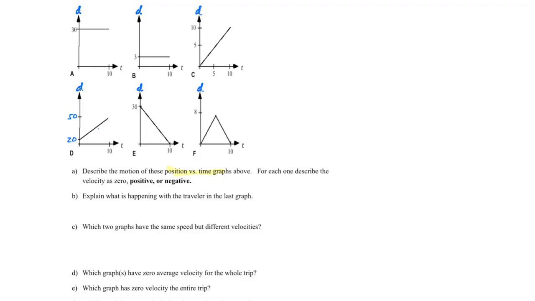Okay, here we have 6 different position versus time graphs, or D versus T graphs. Okay, so you should be able to do this.